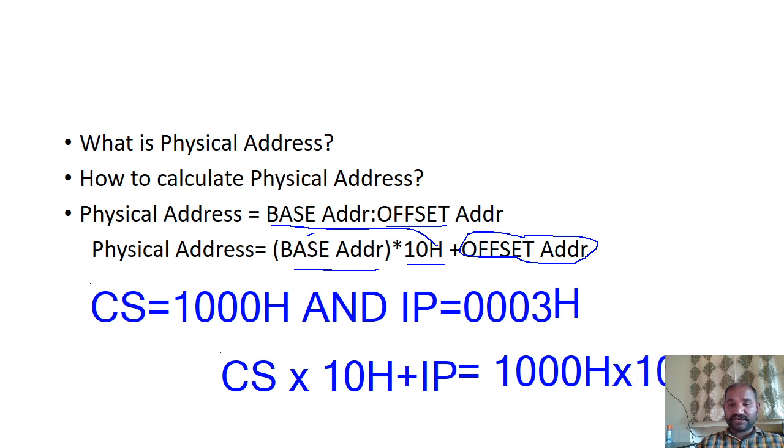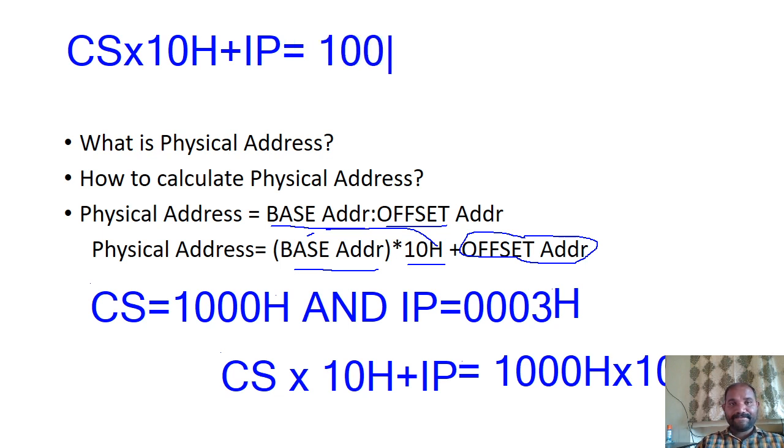I think you are not able to see this, so I'll go for the calculation over here. So CS into 10H plus IP is equal to 1000H into 10H plus the IP value, how much?